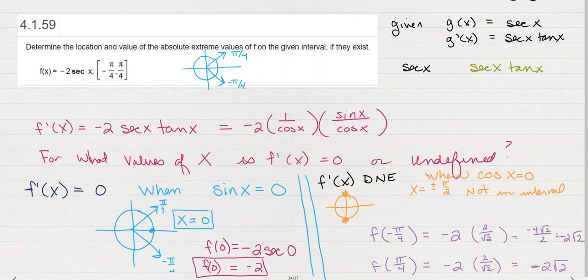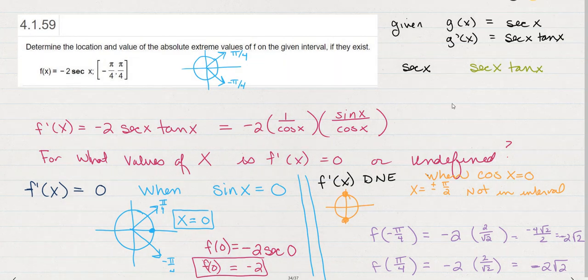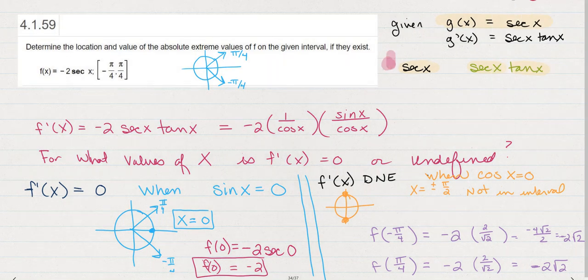To start with, up here in the top right, you'll see that I was doing the derivative. Given g of x is secant of x, if you say to yourself secant tangent, then you'd get that the derivative of secant with respect to x is equal to the secant x times tangent x.